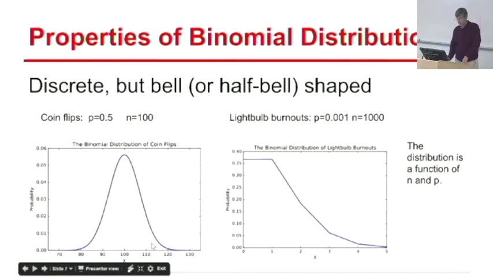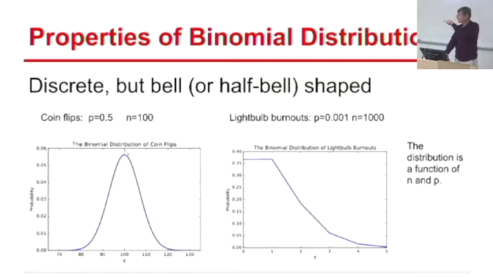The expected value of this would be p times n, with n being 200, so the expected value would be 100. You see that it's symmetric. You know about that kind of thing. Any questions?